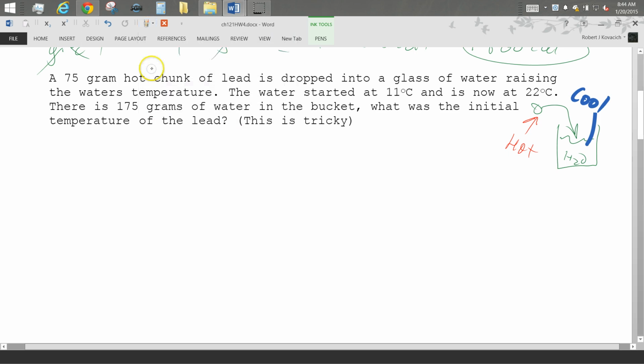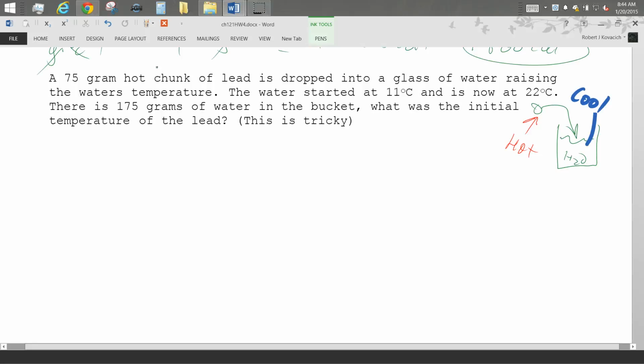What I've got here is a relatively cool container of water and a relatively hot chunk of lead. So the lead's going to go into the water, and what's going to happen to the water's temperature? It's going to go up. And then the lead's temperature? It's going to go down.